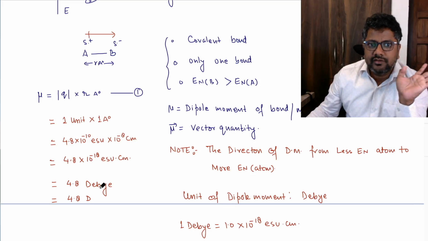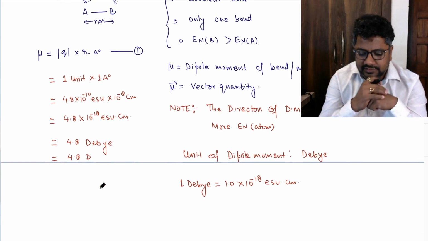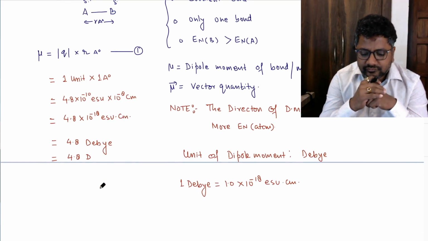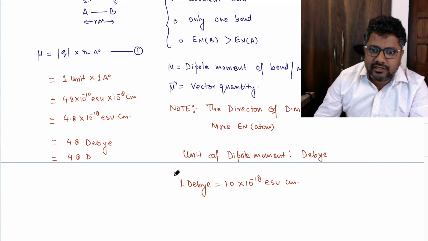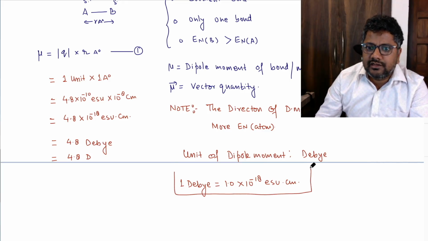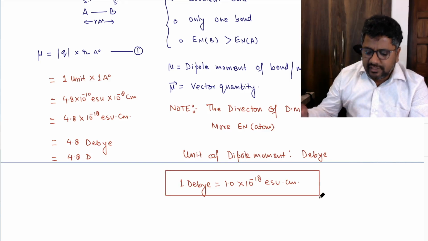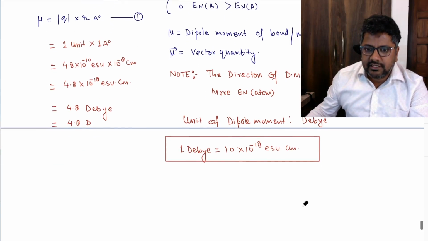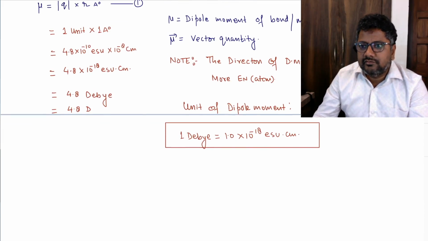So hopefully all of you are clear how to calculate this dipole moment. If you want, you can make the relation between debye and other units. This is the standard unit of dipole moment, but you can convert it into coulombs, meter.